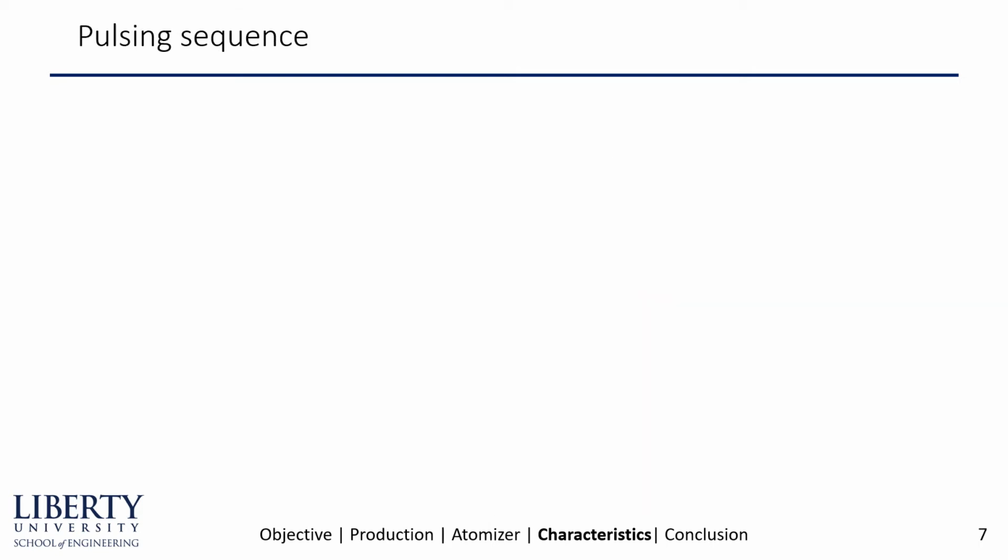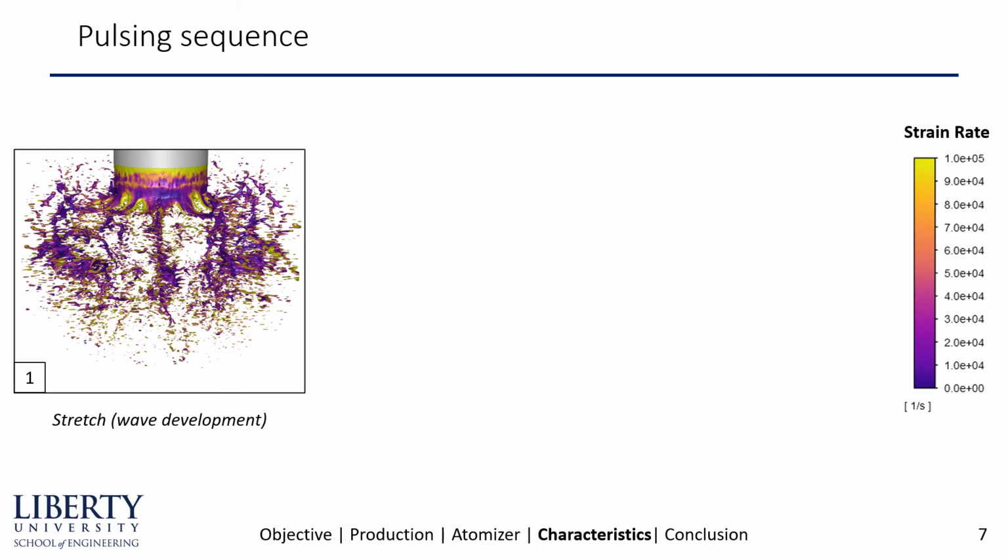We can look at this pulsing sequence from a different view and identify a similar three phases that are repeated each time this pulsing motion happens. Here you see the first, which is a stretching of the puree down from the nozzle and corresponds to wave development, which we saw on the last slide. And here the puree is colored by strain rate.